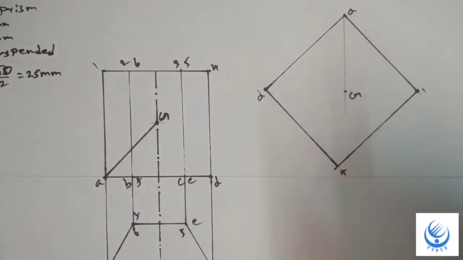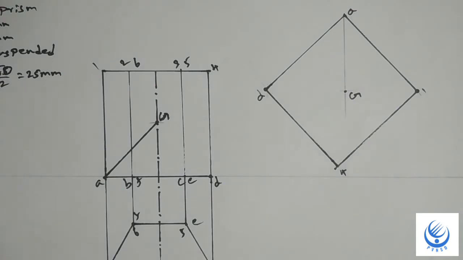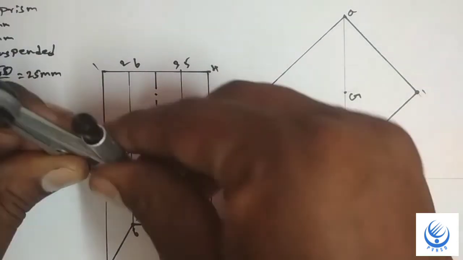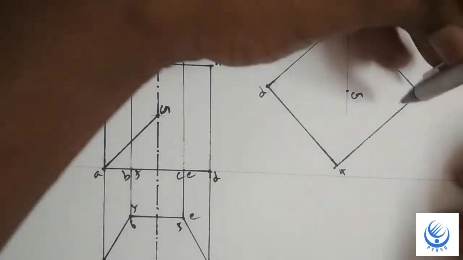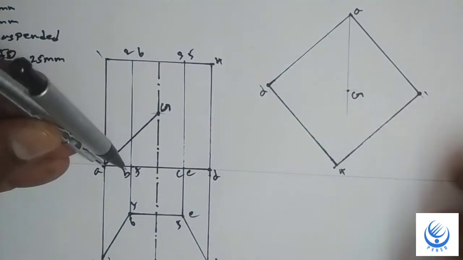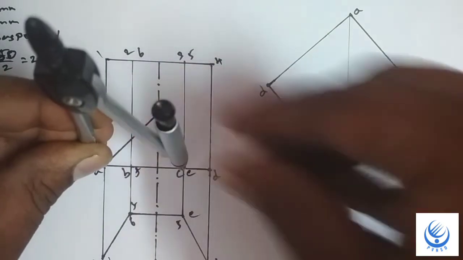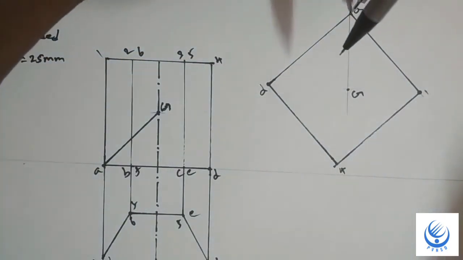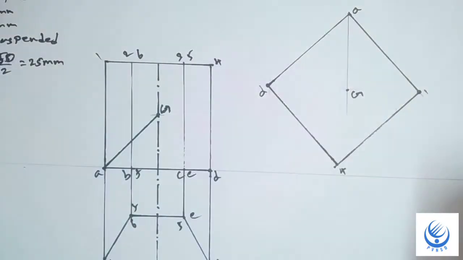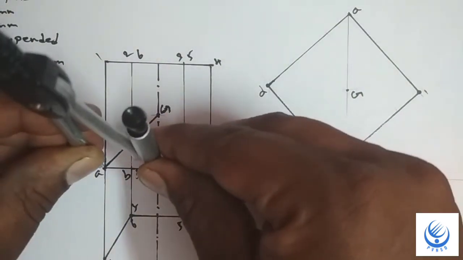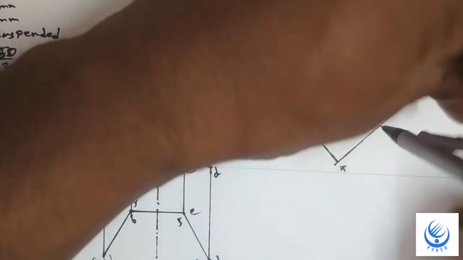The next step is to draw between the centers, from A to B, and then A to C. Mark the distance between 1 and 4, and also mark the centers.